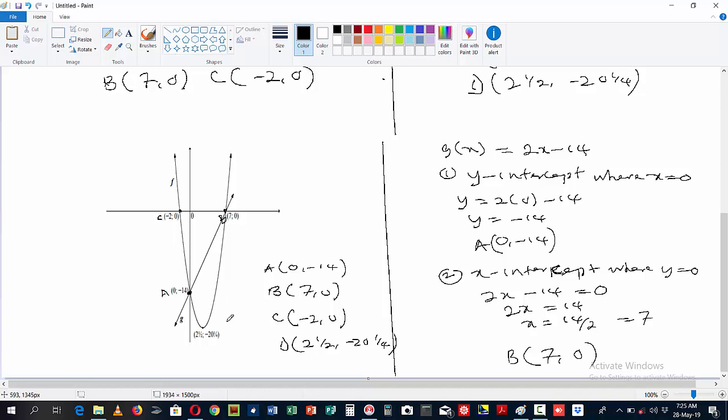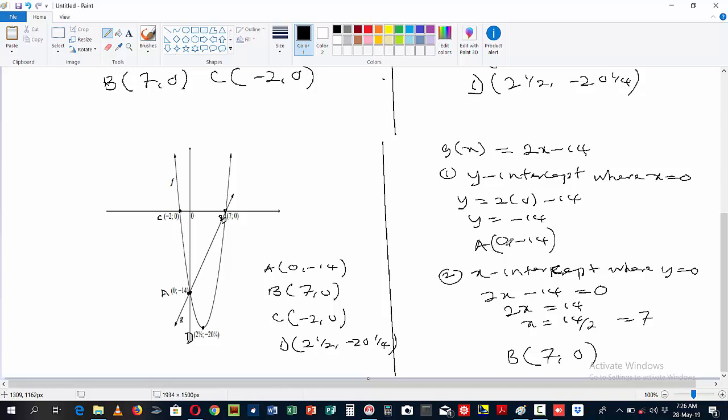Now we note our D. Our D is going to be here, where minus 20 1/4 is our y and 2.5 is our x. So this is the coordinate D. Now we need to draw the quadratic equation graph, which is the same thing as a parabola, and the straight line.